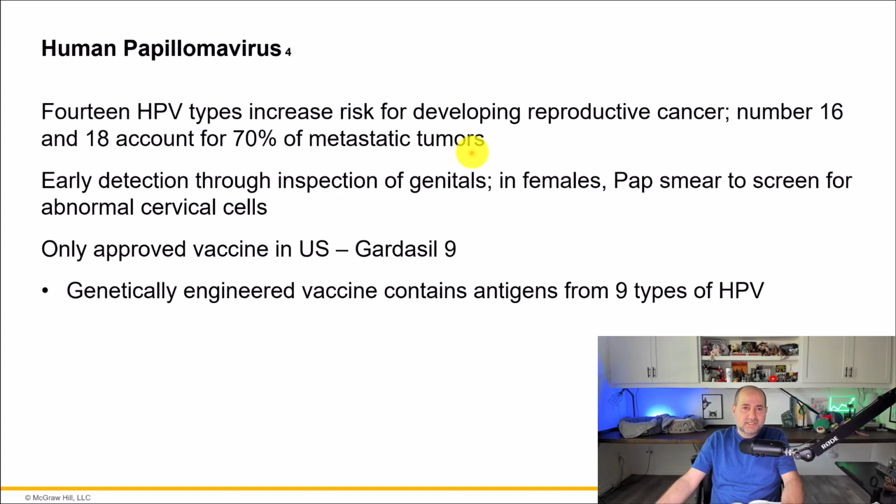These are tumors that can spread throughout the body. Early detection is vital through inspection of the genitals. In females, you conduct a pap smear to screen for abnormal cervical cells. There is a very important vaccine called Gardasil 9 that can prevent these cancerous forms of the HPV virus.